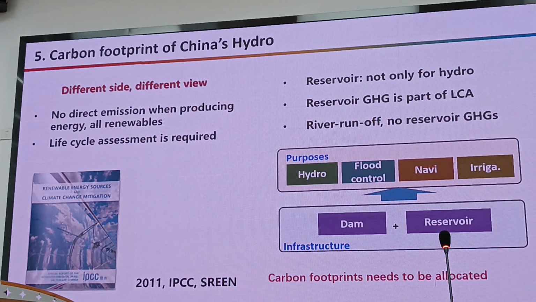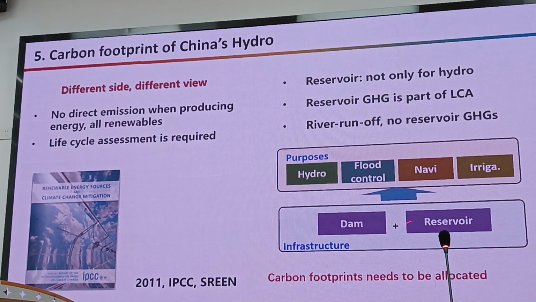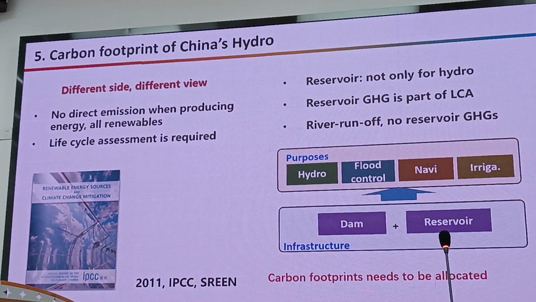If you think about run-of-river hydro, there is no reservoir emission, so it's a totally different point of view. Don't get this mixed up. You have the infrastructure, the dam and the reservoir, but the purposes are various, like hydro, flood control, navigation, and irrigation. So the carbon footprint needs to be allocated among the different types of services.